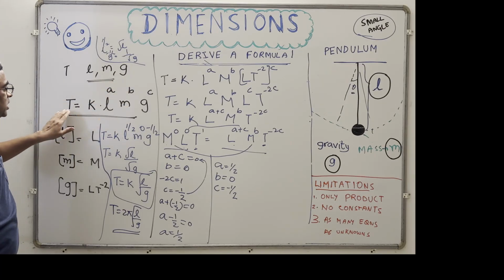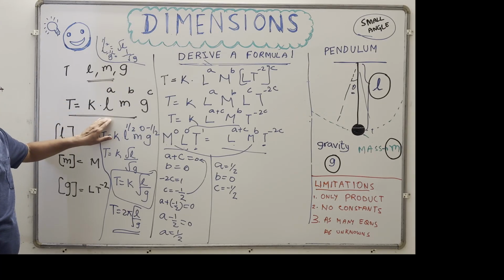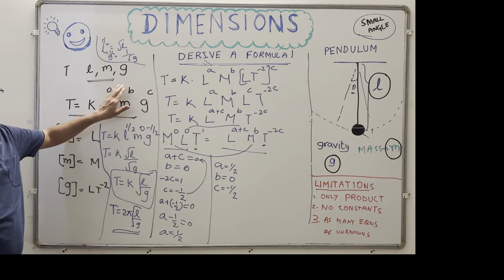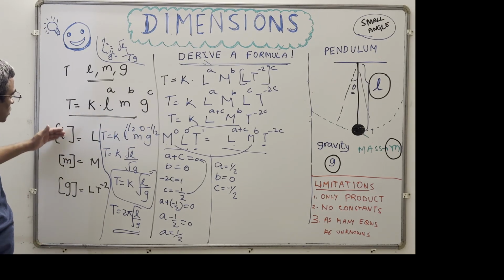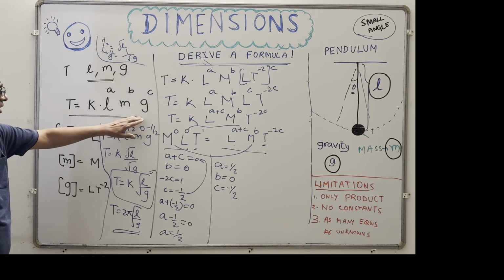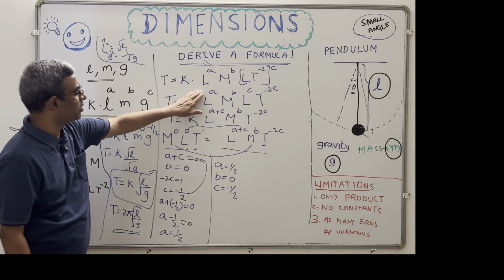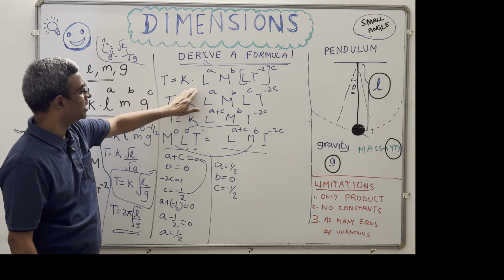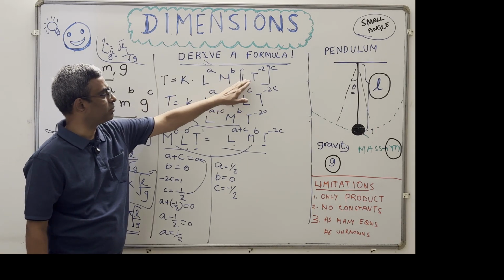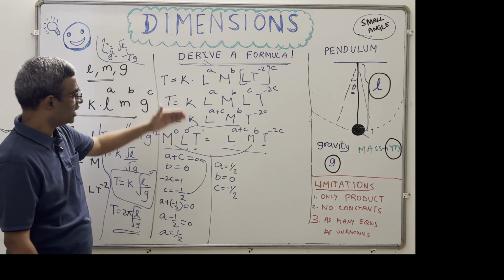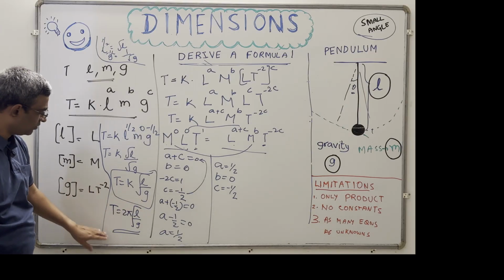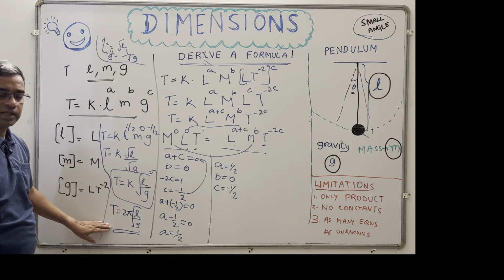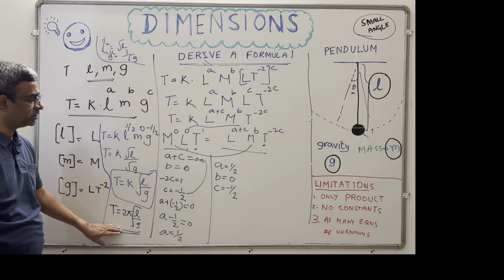Let us assume T is equal to some constant k into L raised to the power of a, m raised to the power of b, and g raised to the power of c. Using dimensions, we found out the dimensions of each quantity, and then we found that the time period is k, L power a, m power b, L t power minus 2 to the power of c. And when we equate, these are the values we got, and from that we derived that the time period of a pendulum is 2 pi root L by g.